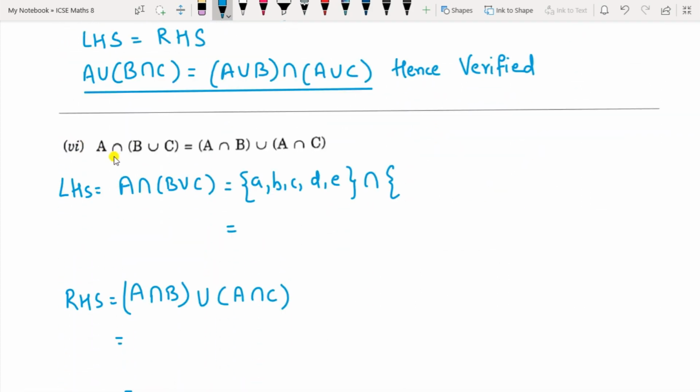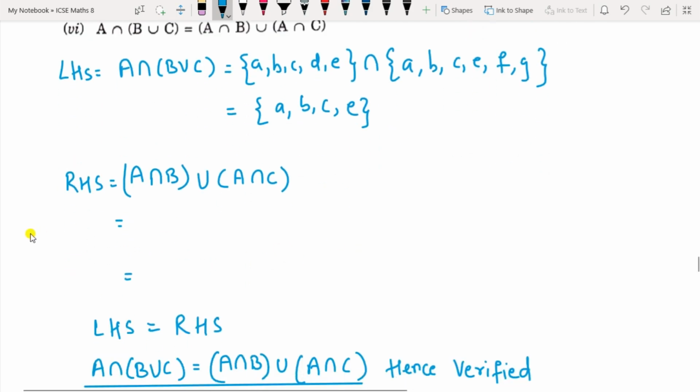This is the distributive property for union and intersection again. So A, B, C, D, E, that is your A. Intersection, B union C will be A, B, C, E, F, G. Okay. So the union of these will be A, B, C, E. That is your LHS. Then find the RHS.